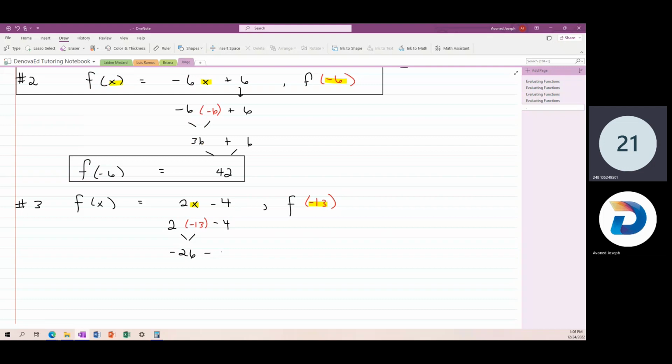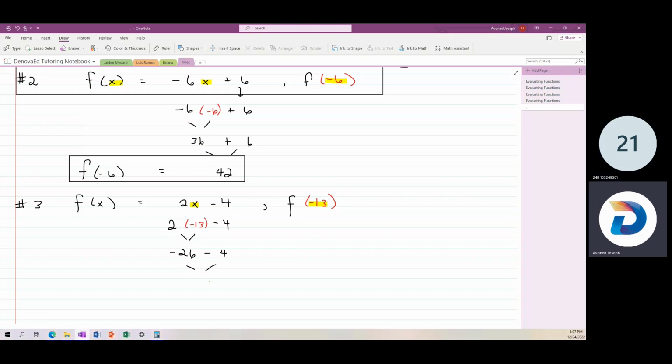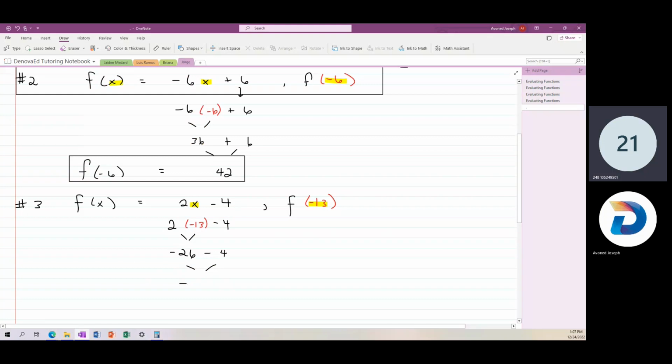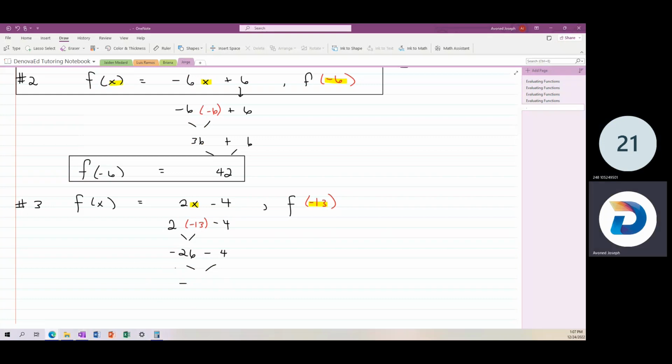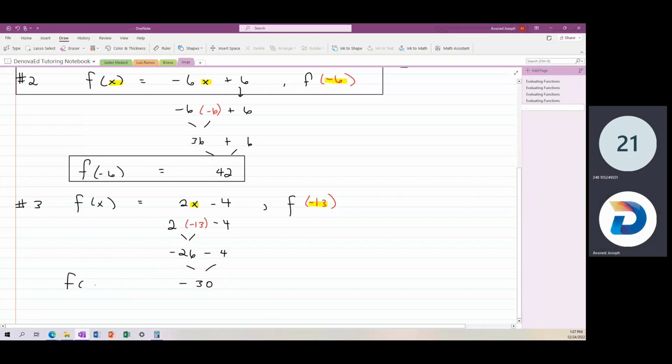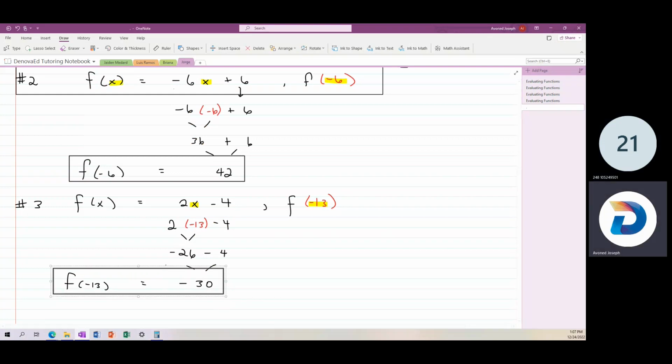Minus 4, and then at the same time we add and keep. So 26 plus 4 is what? 30. Yeah, 30. So we would have negative 30. So f of negative 13 is equal to negative 30. Do you see that? Yeah, I see it. Okay, great.